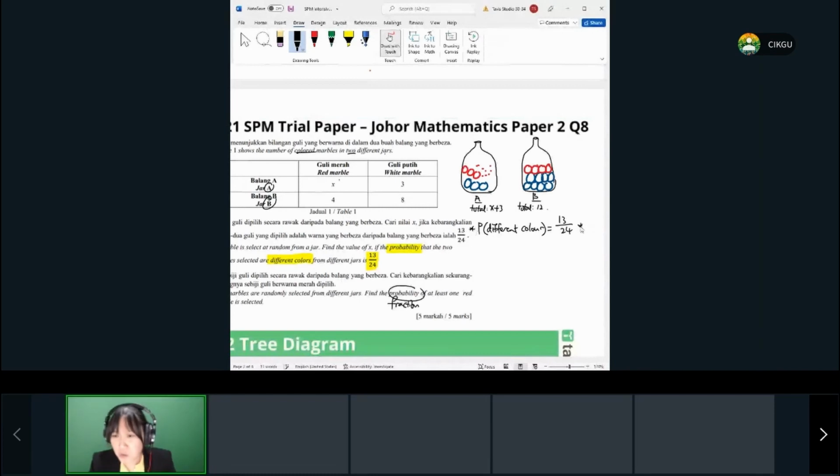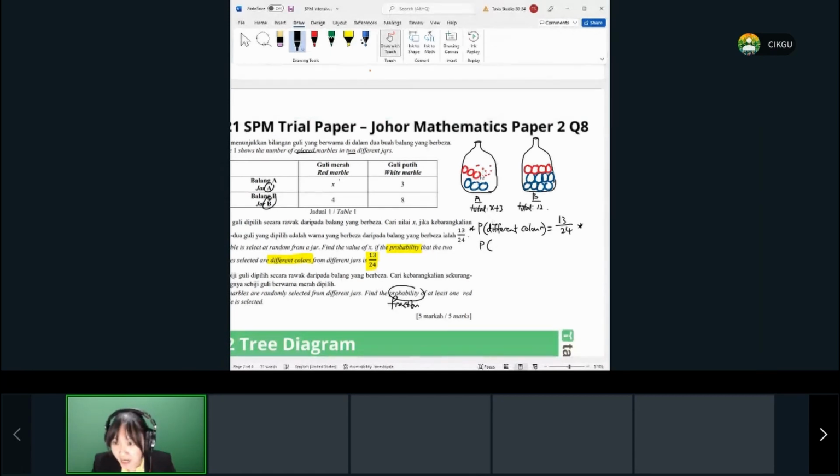So let's ask ourselves, if you were to find this probability yourself, how would you do this? Just use logic. If I want to get different color from different jar, what are the possible cases? I think only 2.